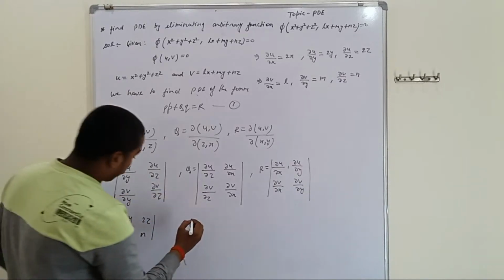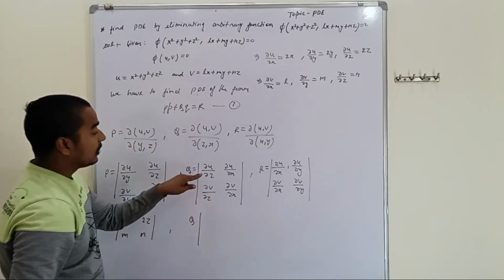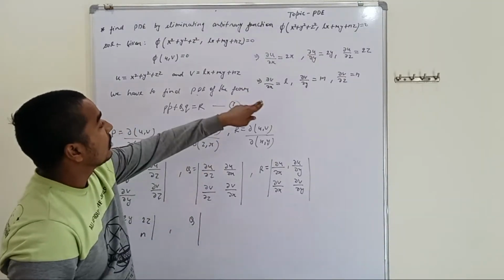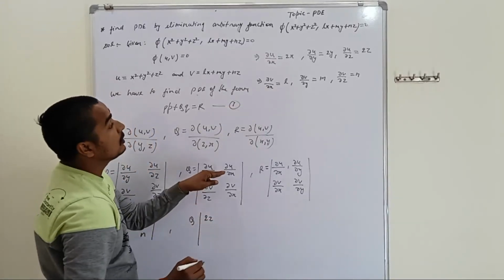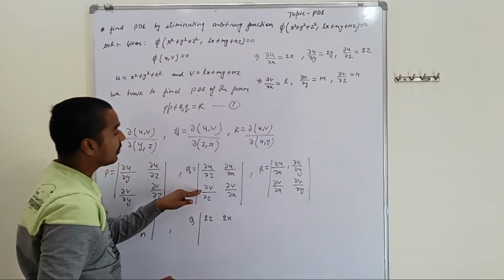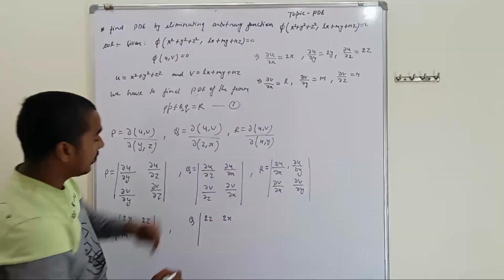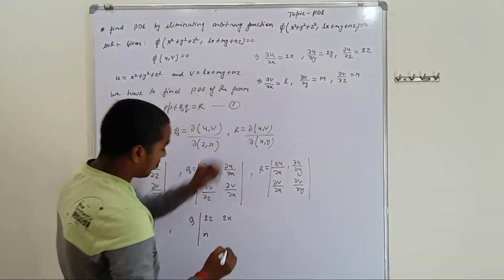Putting for q, del u upon del z is 2z, del u upon del x is 2x, del v upon del z is n, and del v upon del x is l.